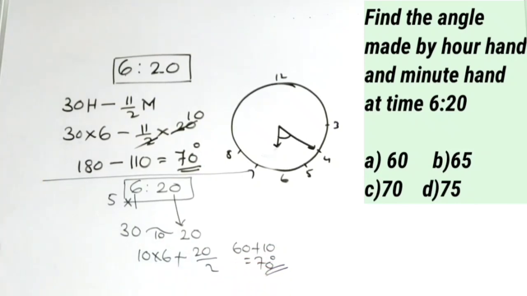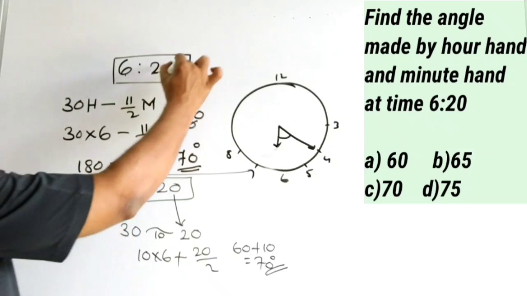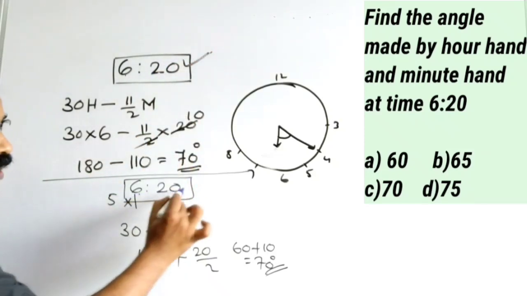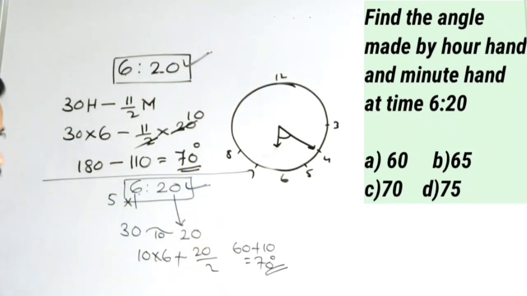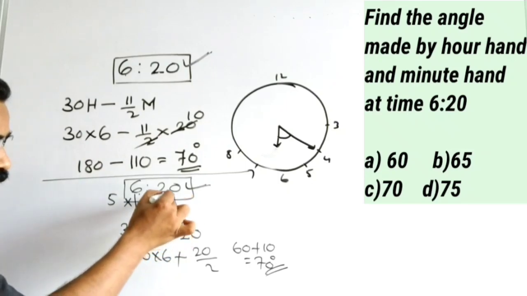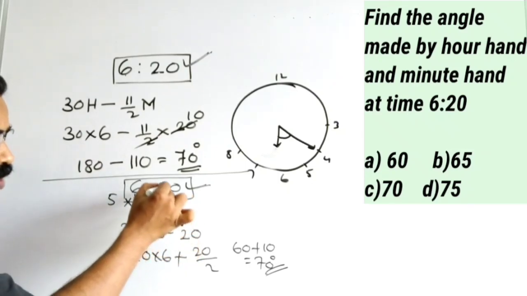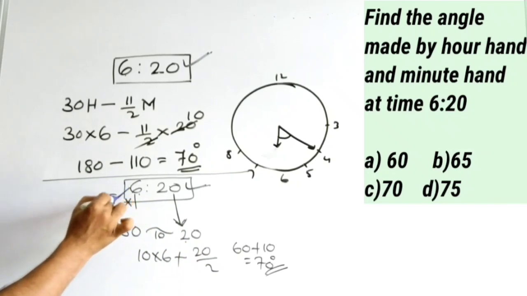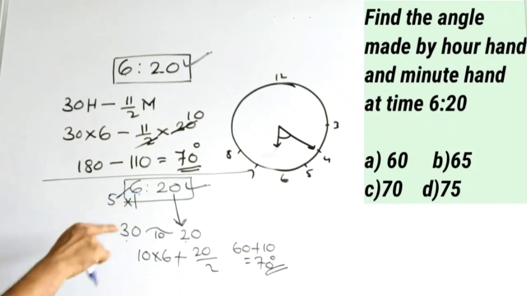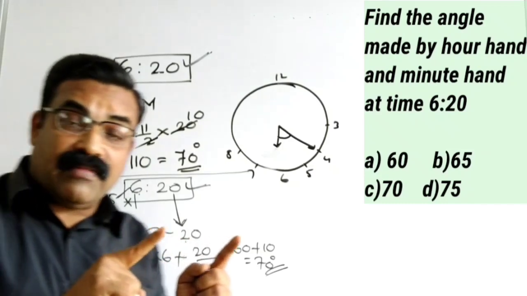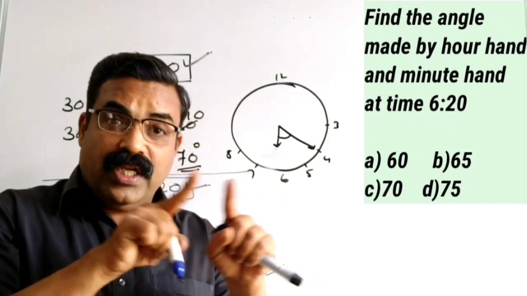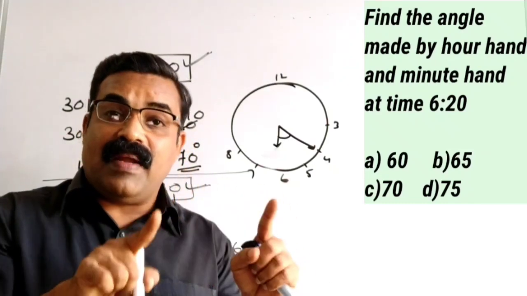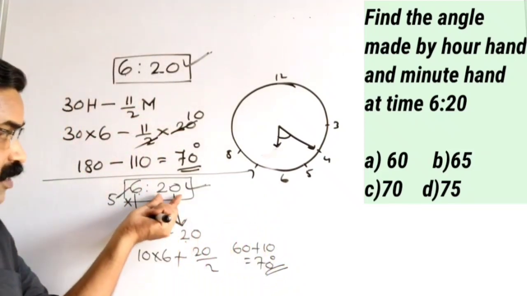Understand very clearly what we have to do. The time given is 6:20. So we have written that 6:20 here. After writing the 6:20, the minute 20 you can write the same way. 20 is 20 only. The 6 is multiplied by 5. 6 into 5, 30. In the previous question we have seen there is no difference. 20, 20, 40, 40, the same number came, so we just divided by 2.